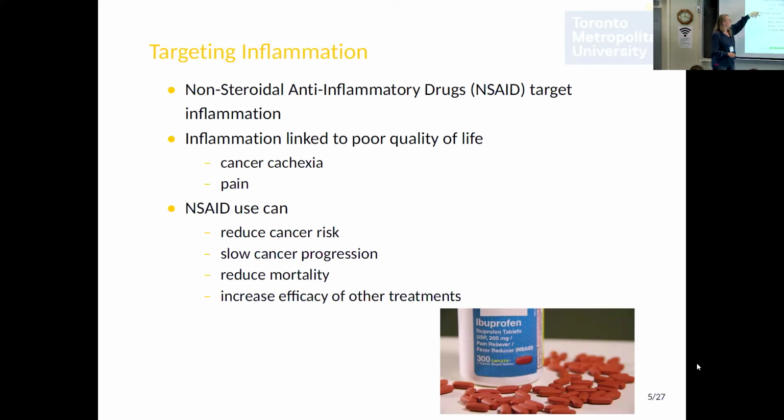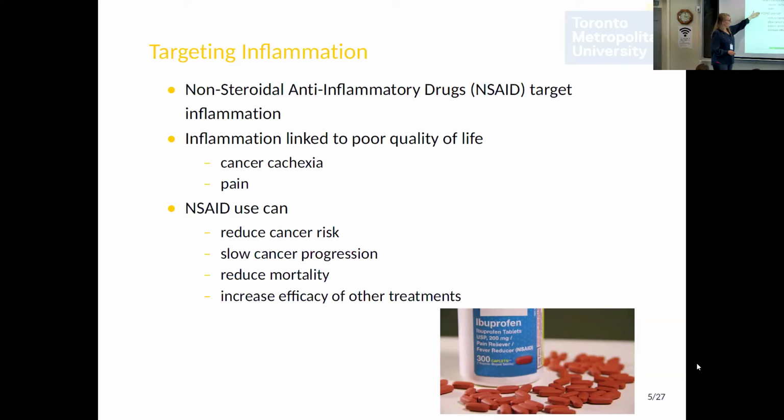That's why I put it on the slide, because I like to always talk about it. It is another consequence of having this chronic inflammatory state: it leads to a decrease in quality of life. The patients start losing muscle mass and fat deposits, increase in pain, decrease in the ability to sustain treatments, and ultimately mortality.